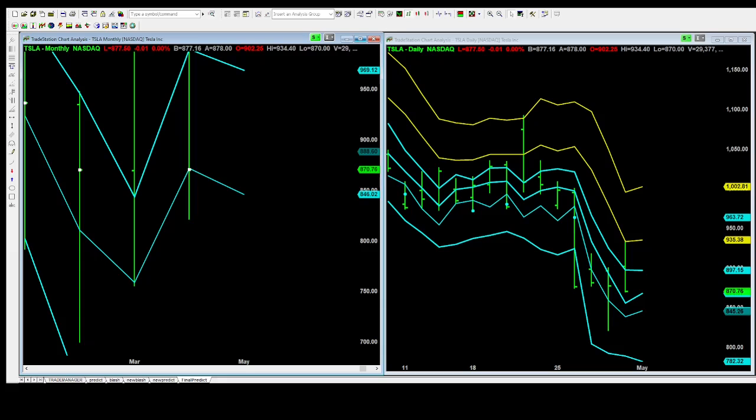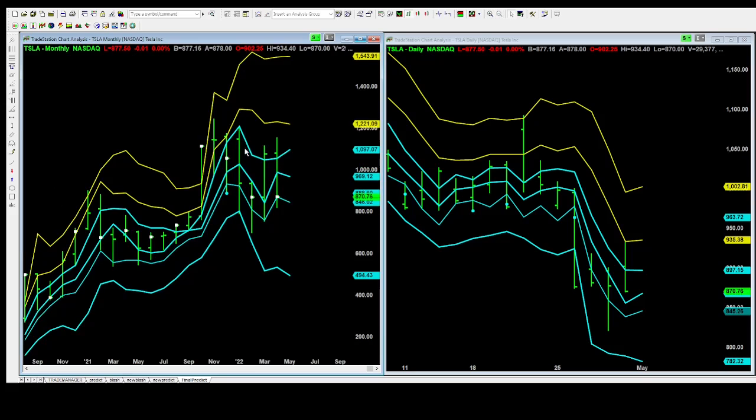So if you zoom back to this monthly chart, you see it closed around exactly at this trend line, and so it doesn't have a very strong indication that it will immediately or quickly have a rebound.